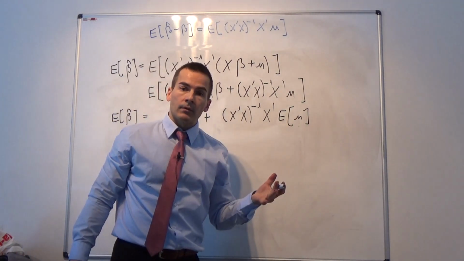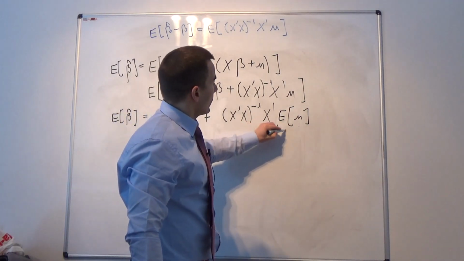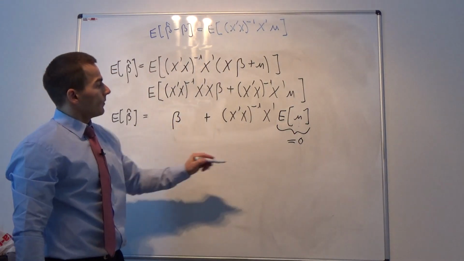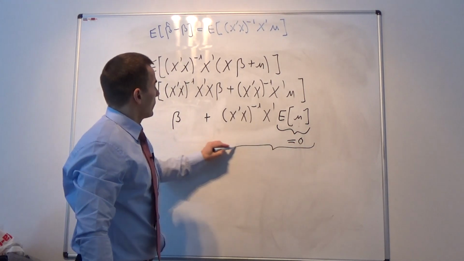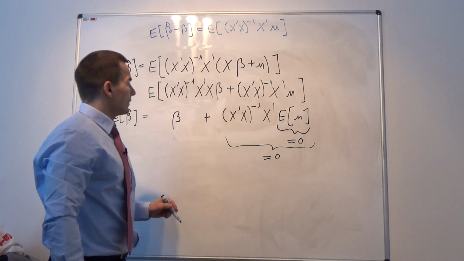According to our assumptions, the expectation of u is 0, and everything times 0 becomes 0. So this term is also 0.